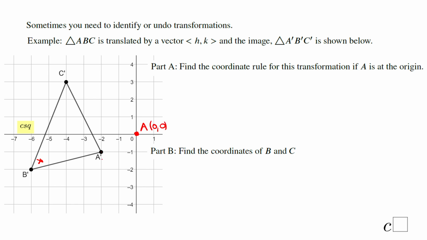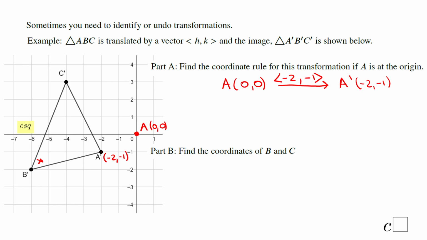and now it's right here at -2 and -1. So how do I go from 0 and 0, the origin, to this point, -2 and -1? 0 minus 2 will be -2, and 0 minus 1 will be -1.